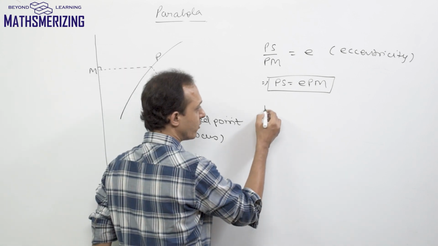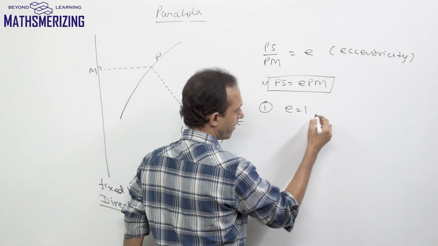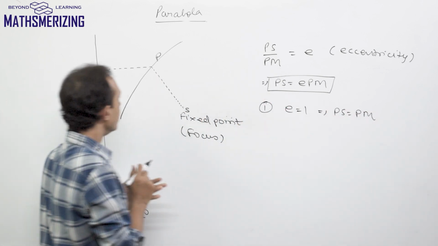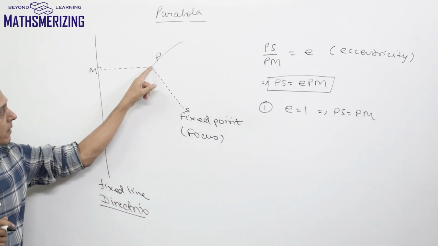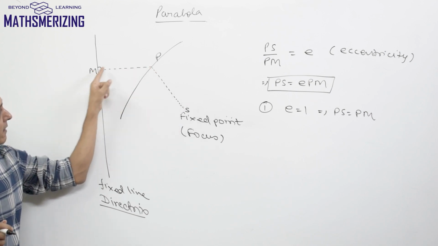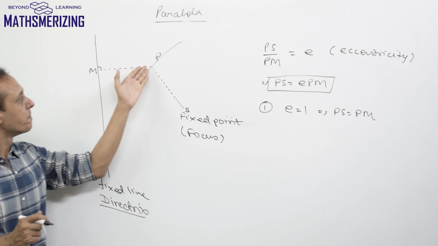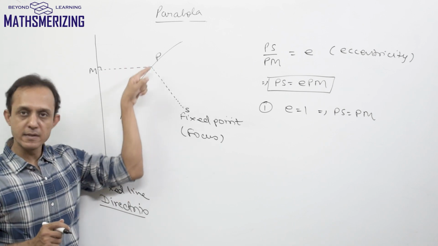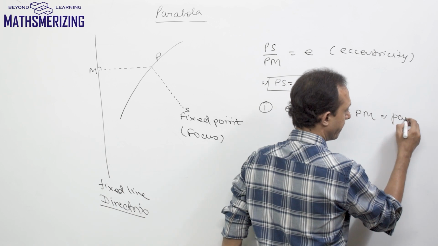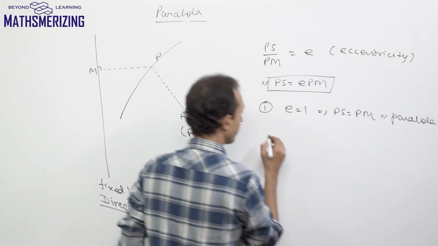So if E is equal to 1, in that case we'll have PS equal to PM, that is, the distance of any point in a parabola will be the same from the focus and directrix. So any point in a parabola is equidistant from the focus and directrix. So in this case, we'll get a parabola.